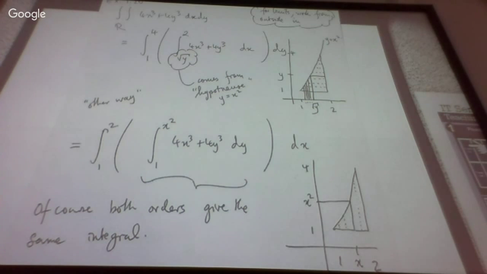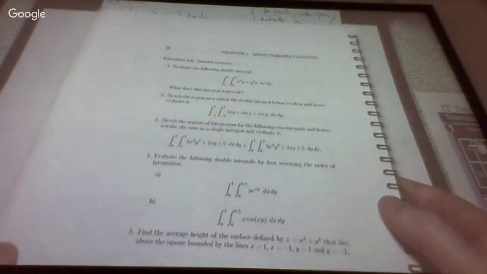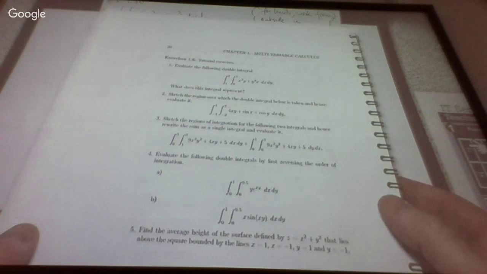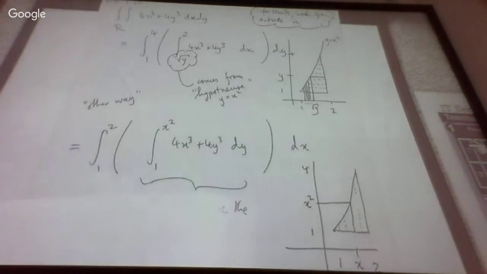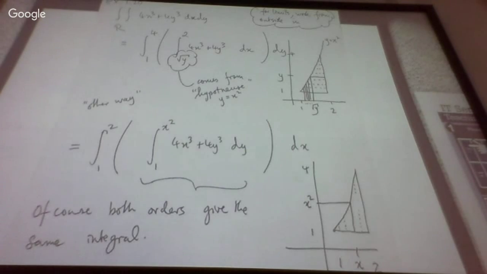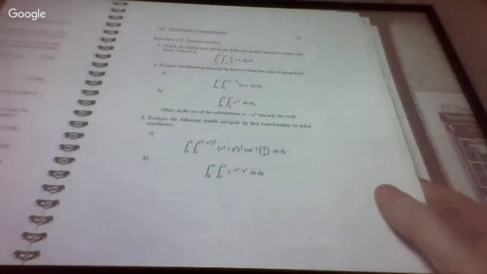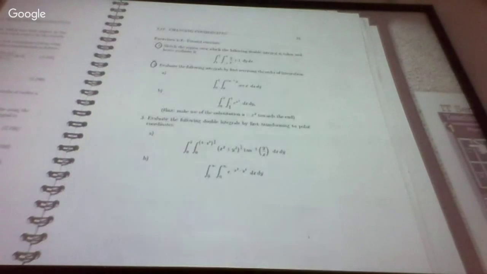Okay, so for the tutorials, you've certainly got plenty of stuff here to be working on. On page 30, you've got exercises 1.6. They're all on double integrals over rectangular regions. And on page 33, the first two, questions 1 and 2, you can do.